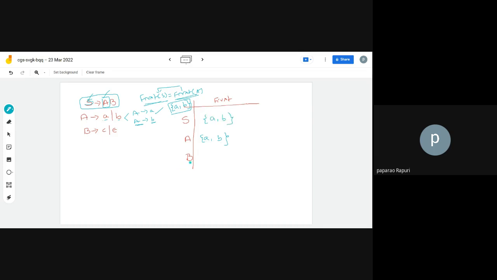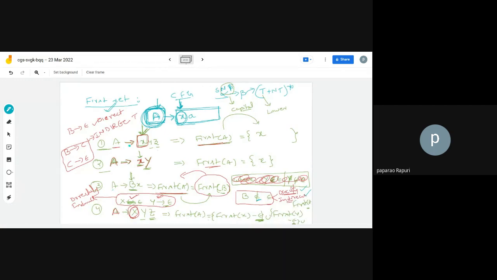Coming to the capital B, here also there are two productions. B is deriving small c and B is deriving epsilon. From this, the first set is small c, and from this, the first set is epsilon. Sir, this kind of production we didn't see in the previous rules.